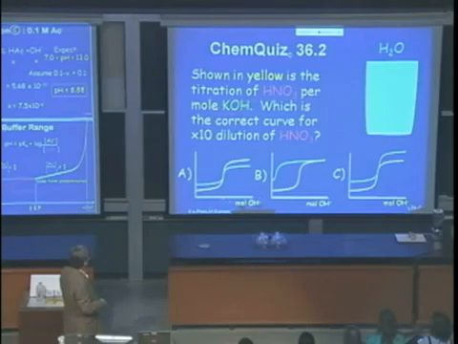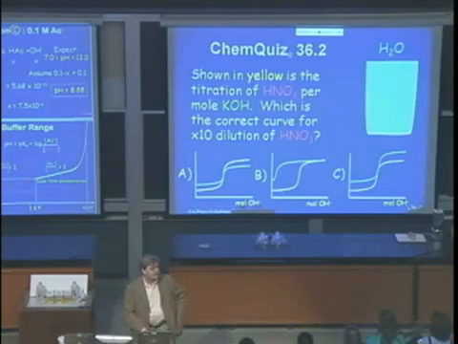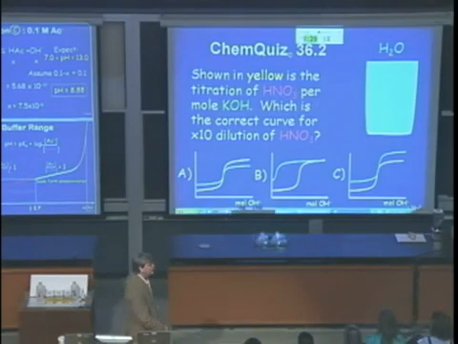And I want to know from you, which green curve is that new titration curve? Is it A, B, or C? By answering this right, you show me that you understand this whole business with strong acids and dilution and so on. Let's see if you do. Give me your answer, please.